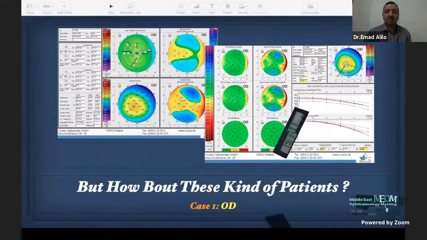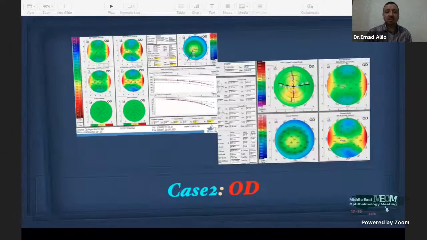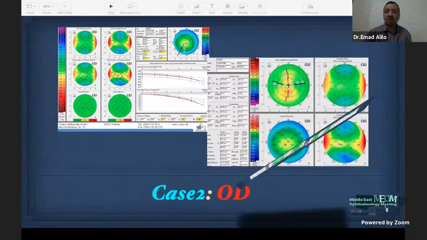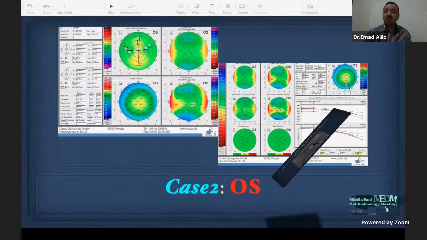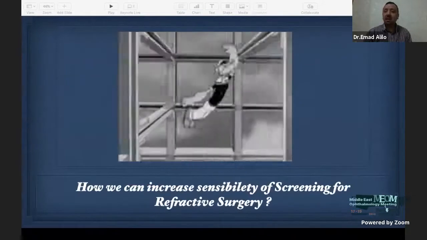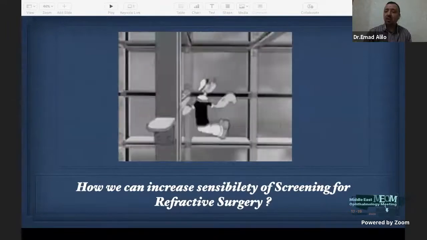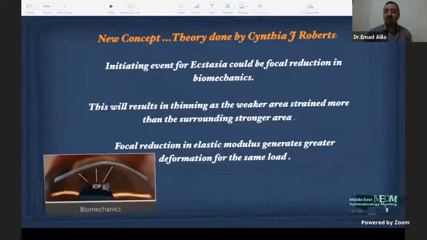This is one case. The other eye of the same case shows even more warning signs on the Pentacam. And this case is also quite suspicious. So we need a tool to make our screening and decision-making process more sensible. It took a long way to develop such a tool, which is now ready in our hands to guide us in making the decision in these cases.